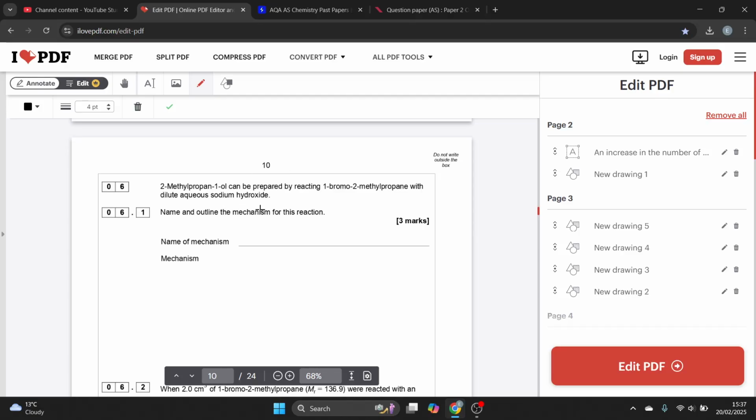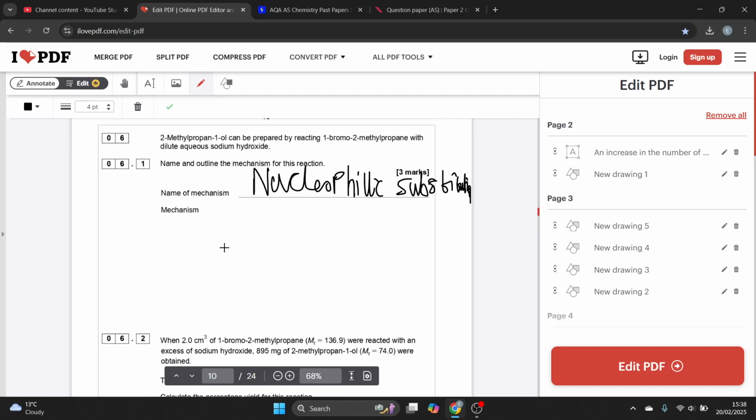Name and outline the mechanism. An alcohol can be made by reacting a halogenoalkane with dilute aqueous sodium hydroxide, nucleophilic substitution. Nucleophilic substitution, mechanism for it.